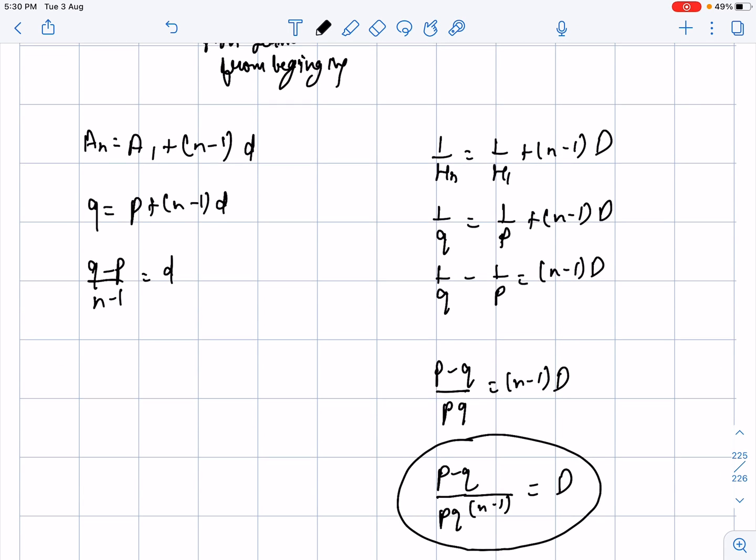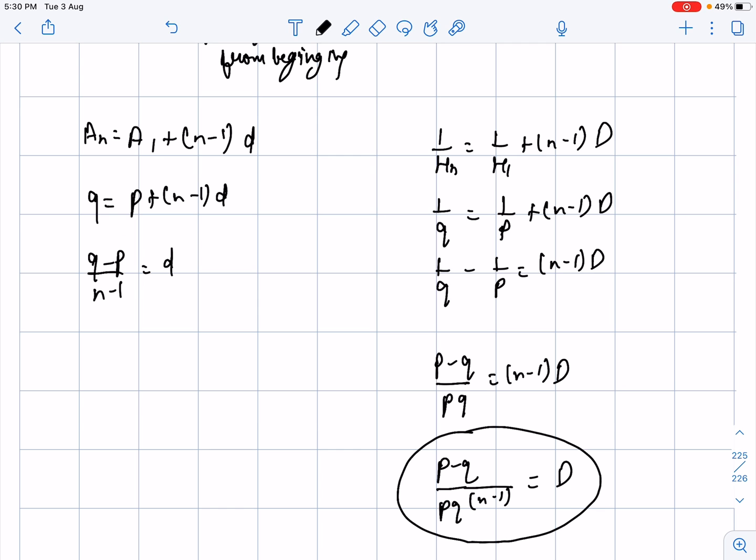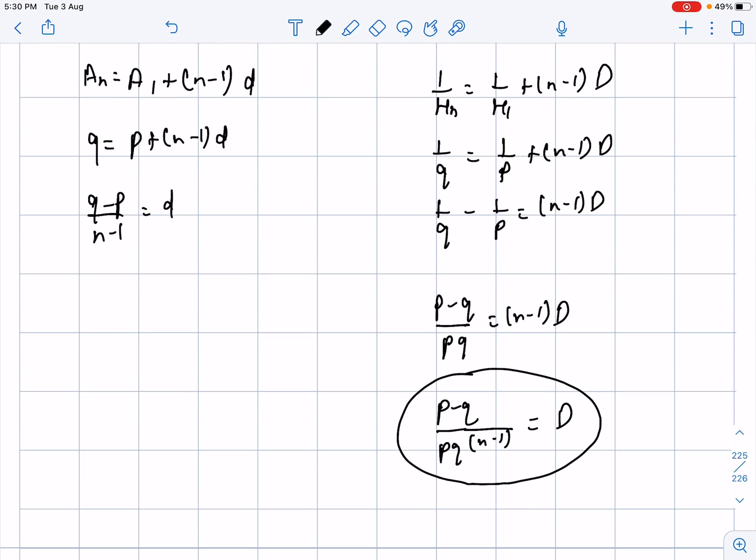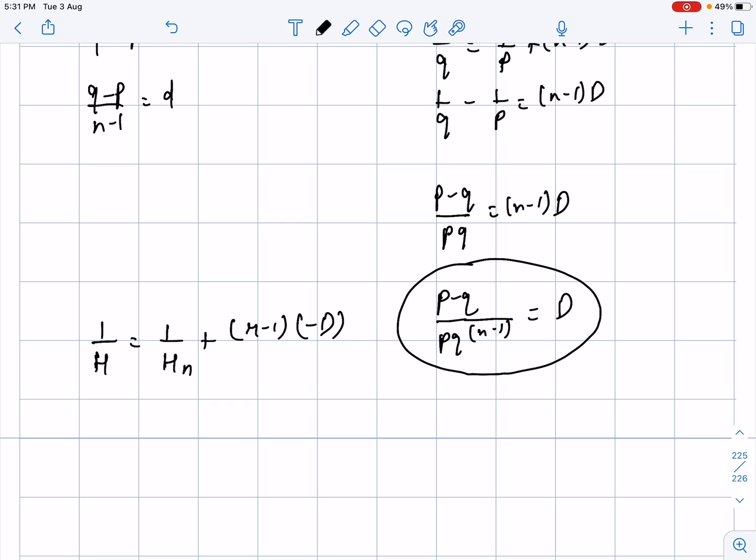So the rth term from the beginning in this inverted progression would be the rth term from the end in the original harmonic progression. Let us suppose that is 1 upon h. So that will be 1 upon hn plus r minus 1 times minus d, because the original harmonic progression has been inverted by me. So 1 upon h will be written as 1 upon q plus r minus 1 multiplied by q minus p divided by pq multiplied by n minus 1.